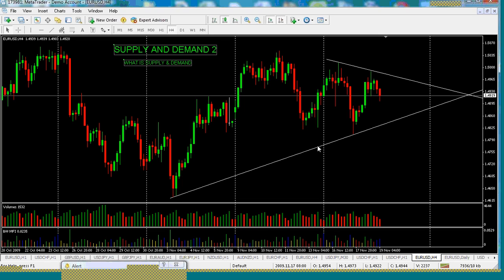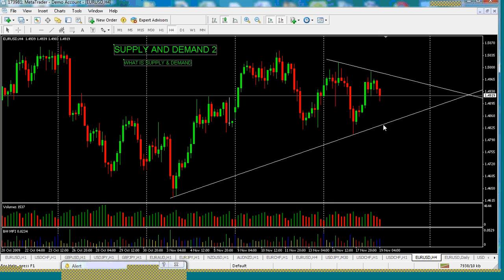Now, when the line is going up, that shows our level of rising demand. So right now, demand is rising as long as we're here.